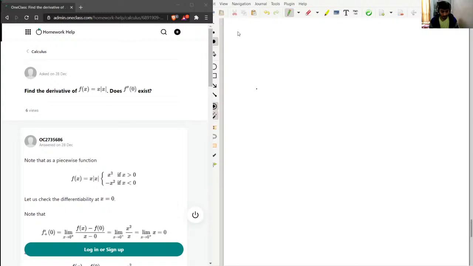Does f double prime of 0 exist? So this is question number 3. f of x is x magnitude of x, and f double prime of x we need to calculate.